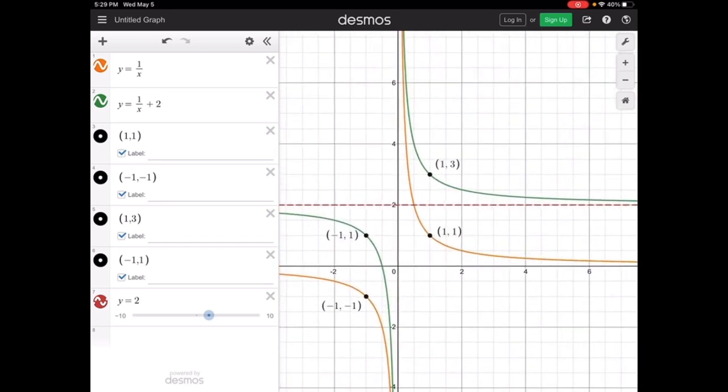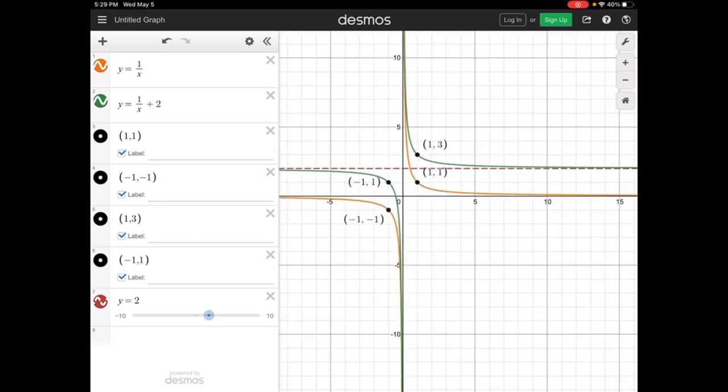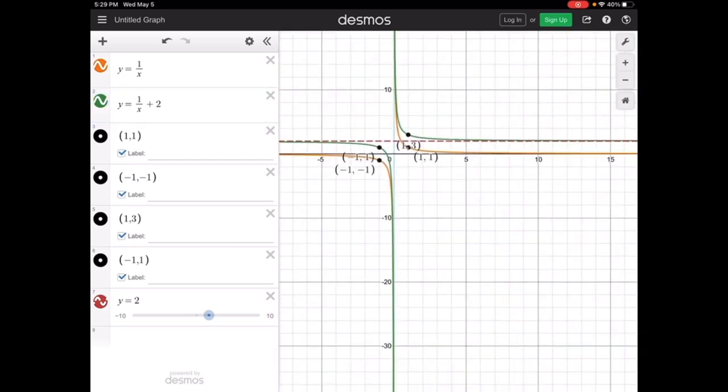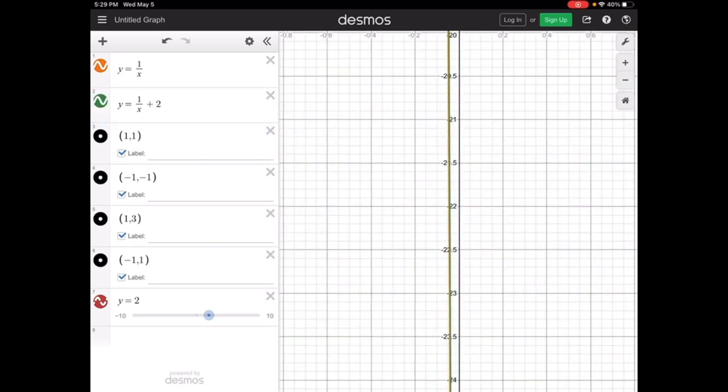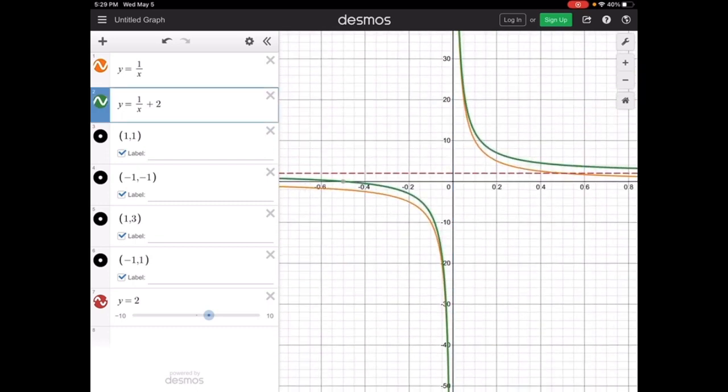Now I need to look for my vertical asymptote, which is the up and down, right? So here I'm going to look at my y values, okay? So as x is going towards 0 from the left, I get closer and closer and closer to 0, but I don't touch it.